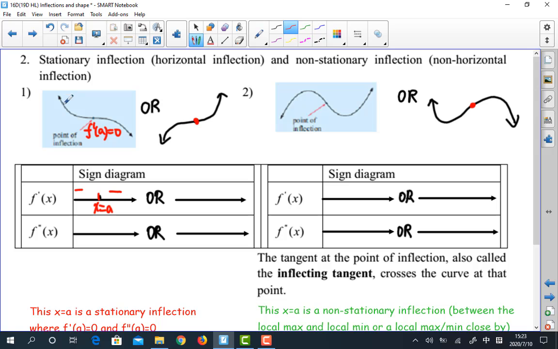If it's monotone decreasing, right now let's look at the concavity. So this part is concave up, based on what we just summarized in the first section. On the left side of x equals a, concave up means the second derivative should be greater than 0.